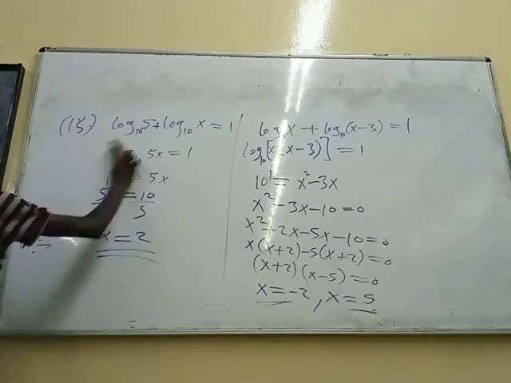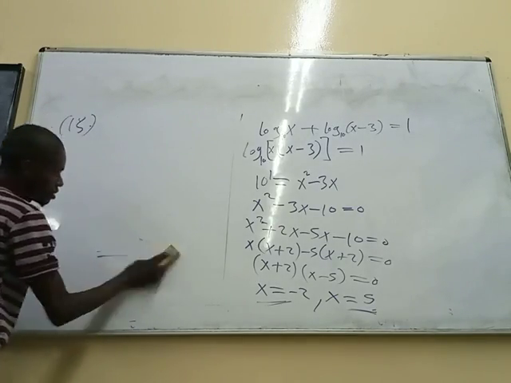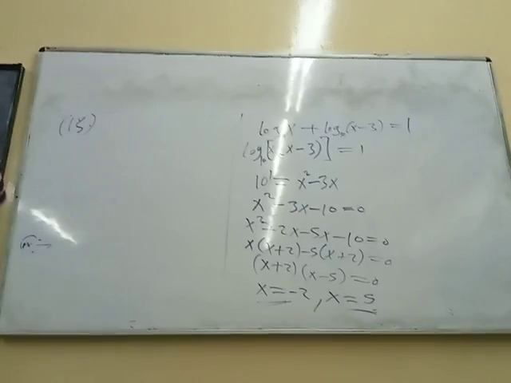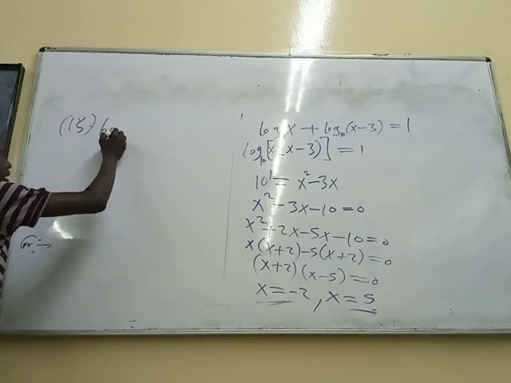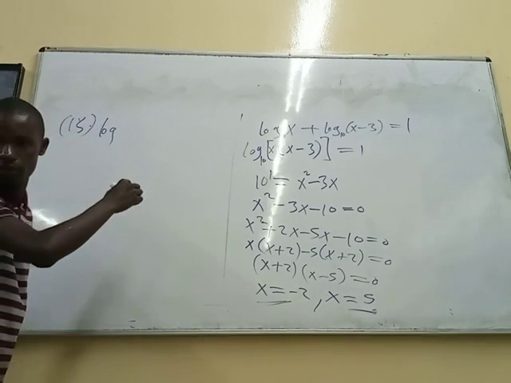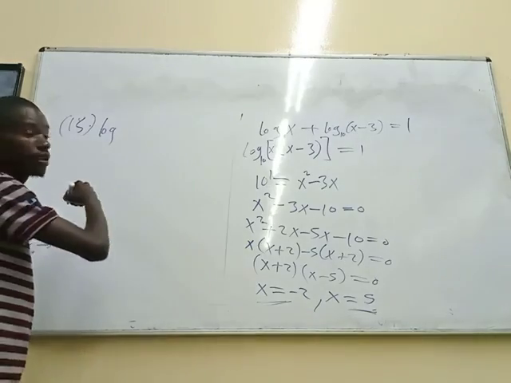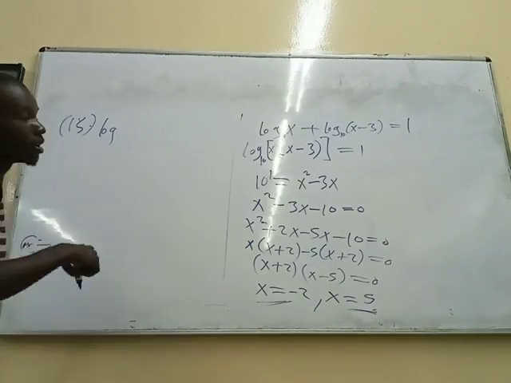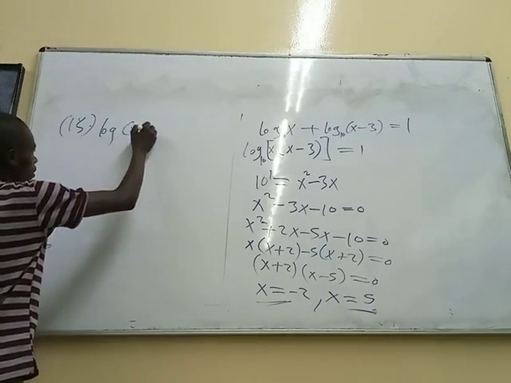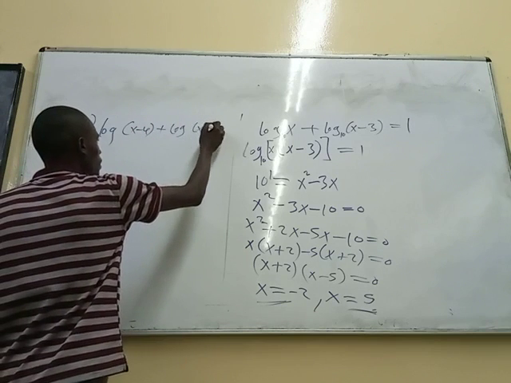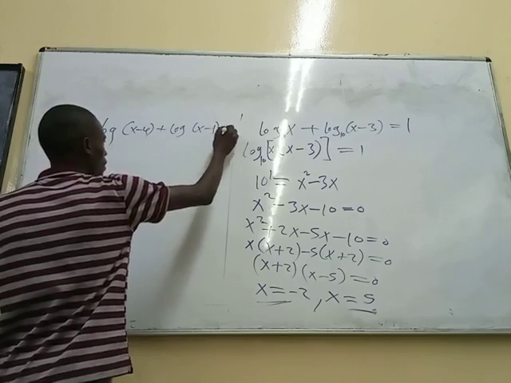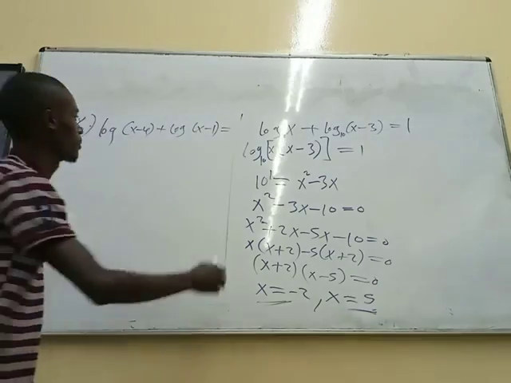So we move on. Even the other question, you do it the same way. It's log x minus 4, and then log x minus 1 is equal to 1.